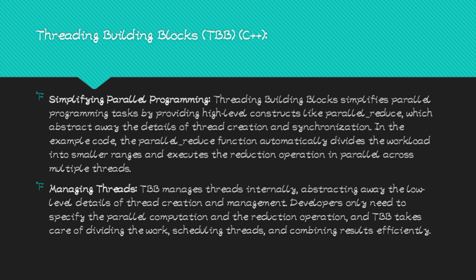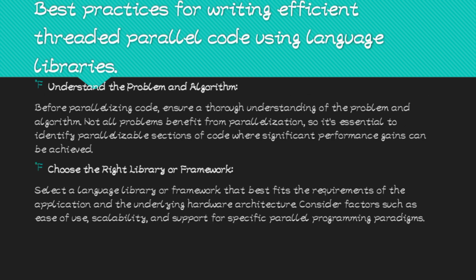It manages threads by abstracting away the low-level details of thread creation and management. Developers only need to specify the parallel computation and the reduction operation. Threading Building Blocks takes care of dividing the work, scheduling threads, and combining results efficiently.